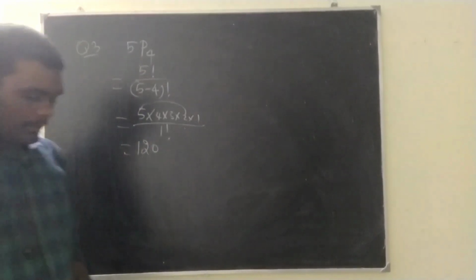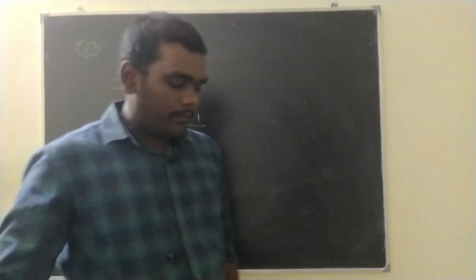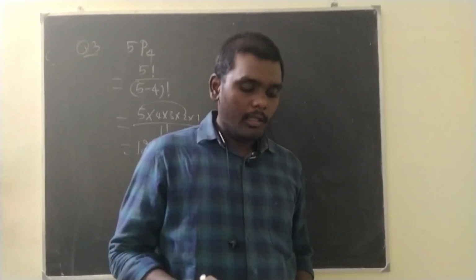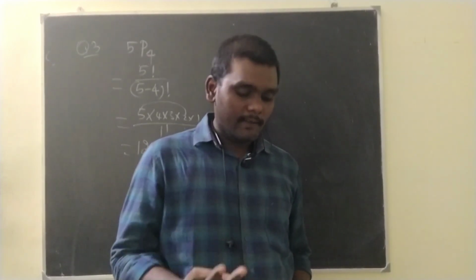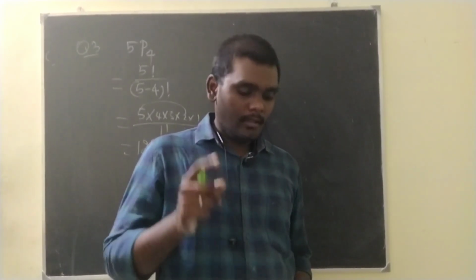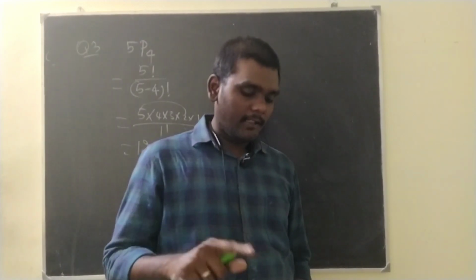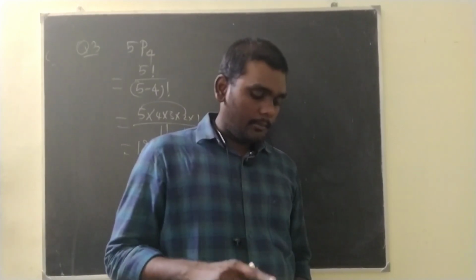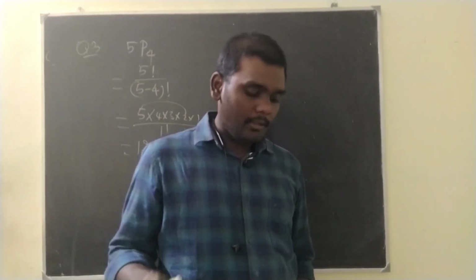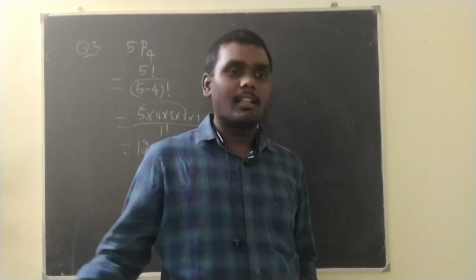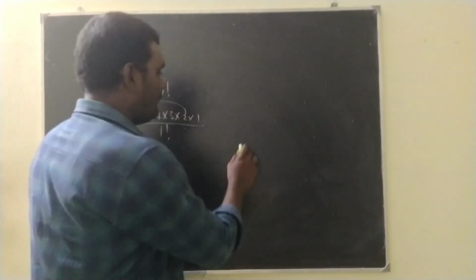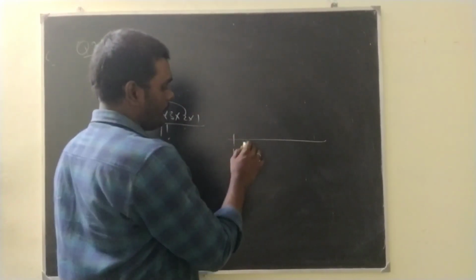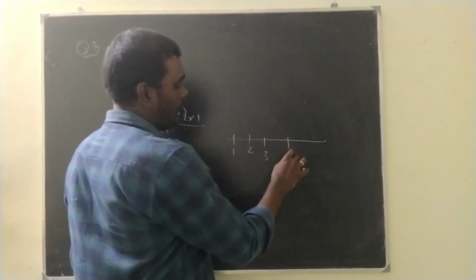Next question. If there are 25 railway stations on a railway line, how many single second class tickets must be printed so as to enable a passenger to travel from one station to another station? In a railway line, totally how many stations are there? 25.